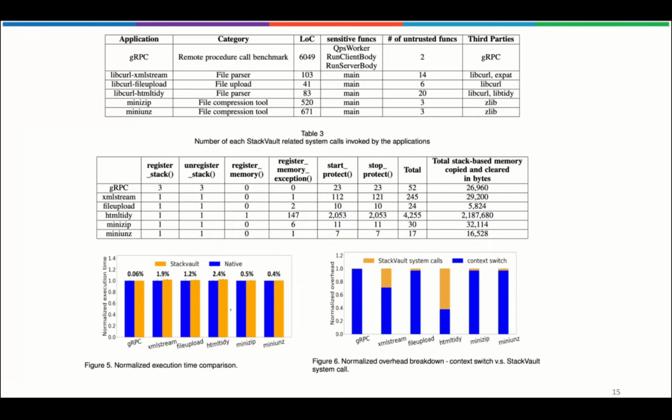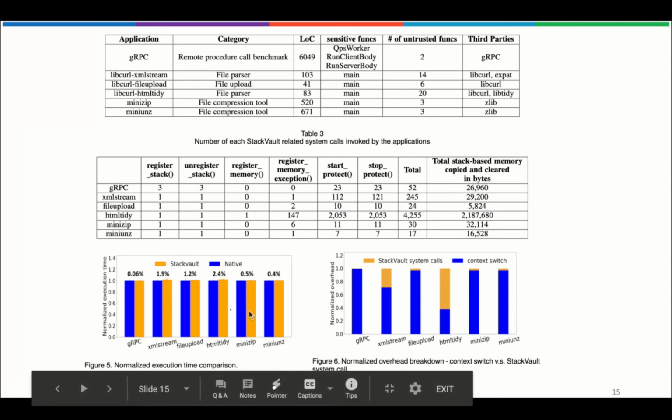So how does it perform? We took a real world program, gRPC, which is used a lot, and we looked at the execution time. Blue here is without StackVault, and orange is the StackVault time. These are function invocations.